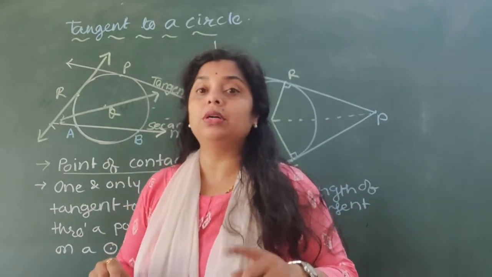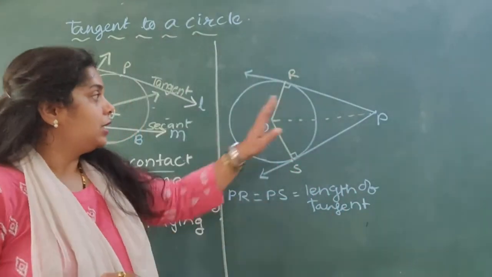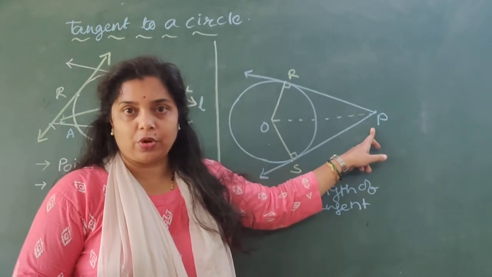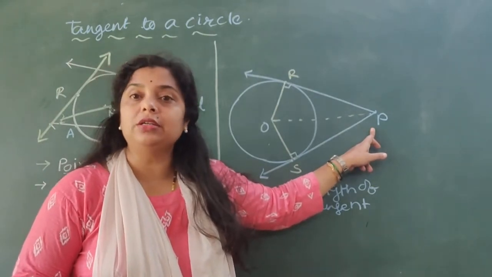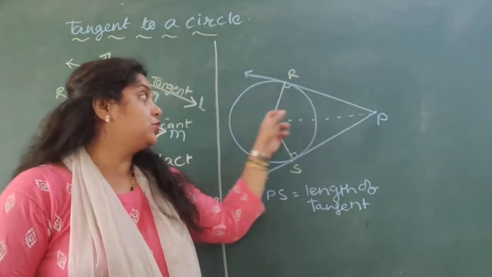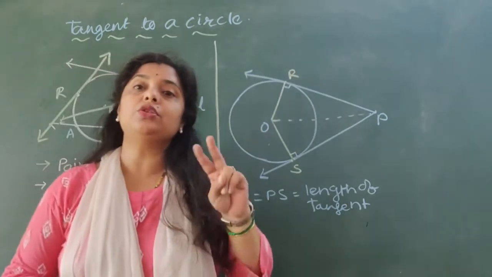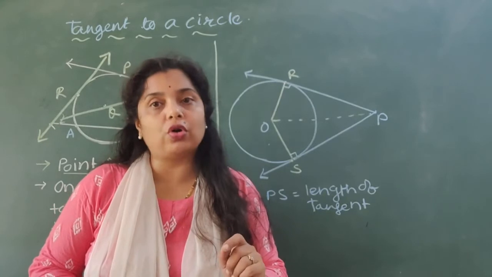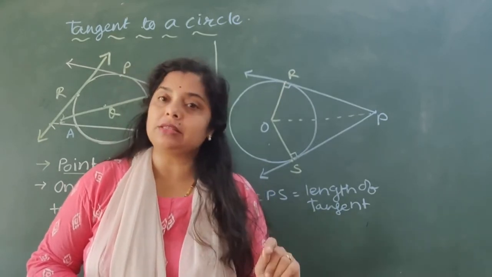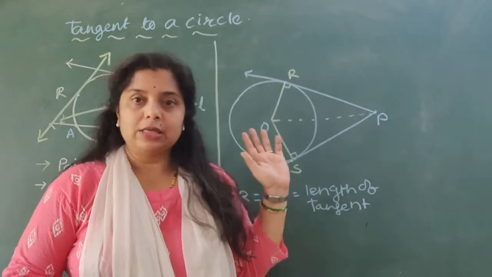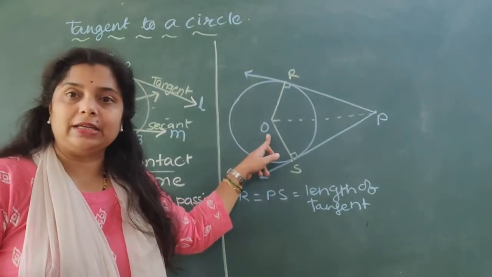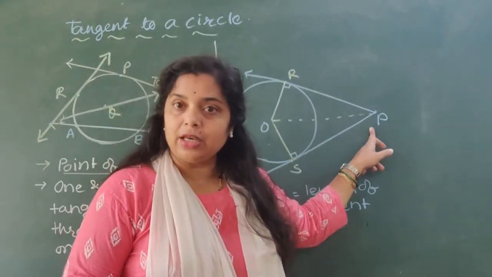Now, what about the exterior point? If P is an exterior point and we draw tangents from it to the circle, the possibilities are only two tangents. Here O is the center, P is the exterior point.